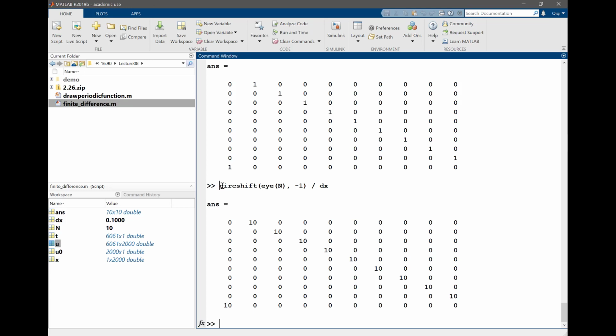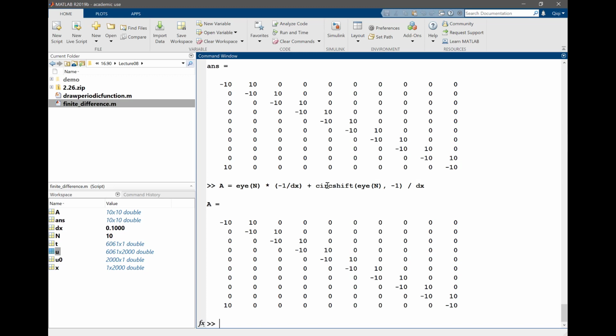Now, the final matrix I want to construct is what I'll copy here, plus what I have constructed earlier. Now, this is exactly the matrix I want. All right, so I'll just say A is equal to that matrix. Now it's time to look at its eigenvalues.